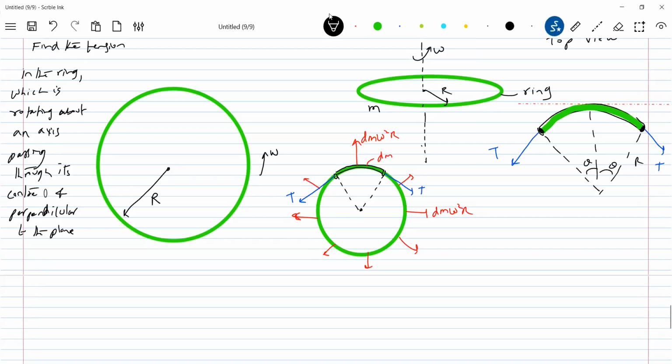What can be this angle? This also should be theta from the geometry. Then how should the pseudo force act here? Pseudo force should act radially outward on this dm, the mass of this elemental part.